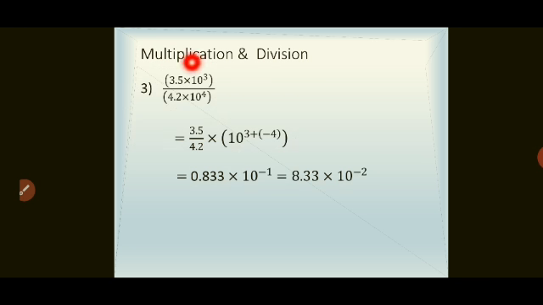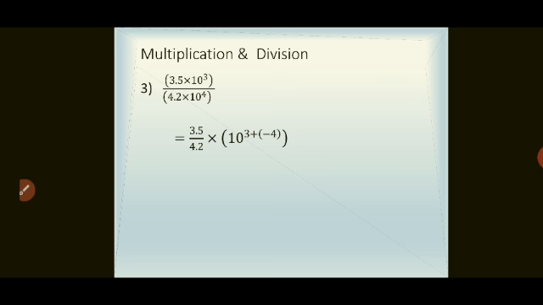Then this exponent, 10 to the power 4, is shifted to the numerator. When it is shifted from denominator to numerator, remember the sign changes and the exponents are added. So here it is plus 4; when it goes to the numerator, it will become minus 4.